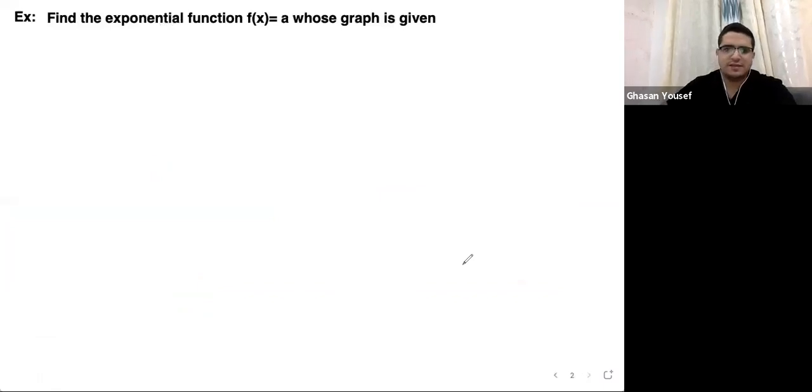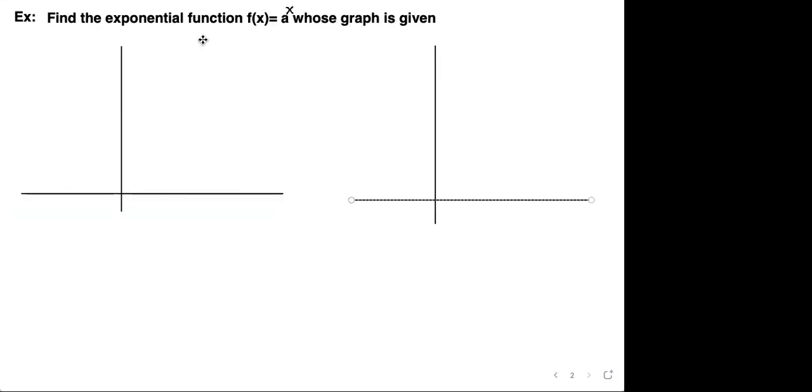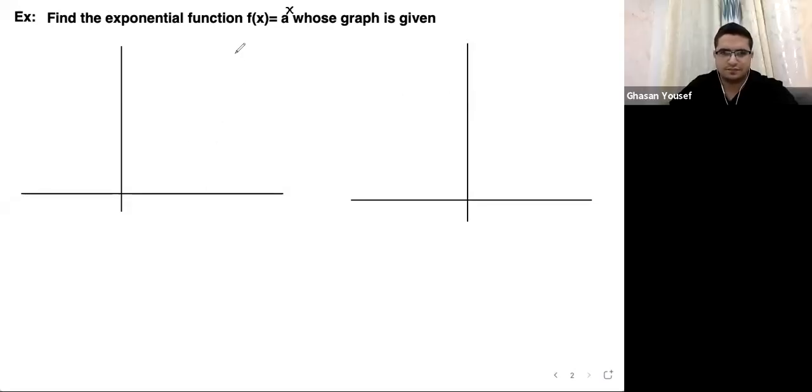Now go back to my example. Find the exponential function f of x equal a to the power x, whose graph is given. So the graph looks like this for the first one, and for the second one it looks like this.